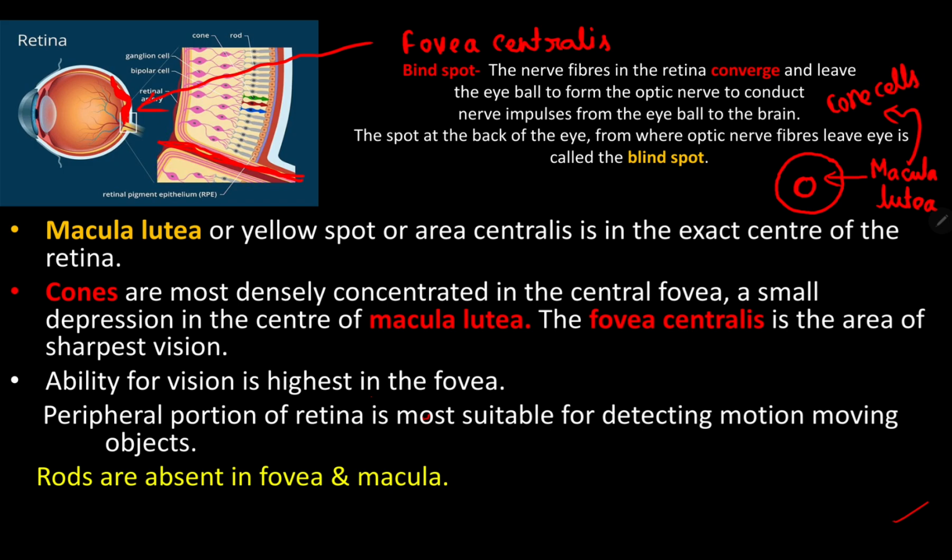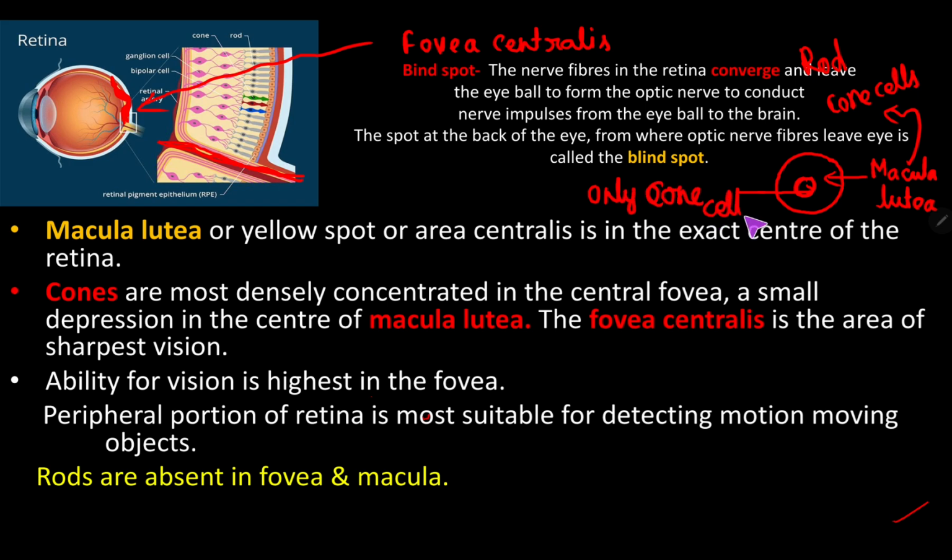We will see the structure of the cone cell in detail. This fovea centralis is rich in cone cells. It doesn't mean that it does not have rod cells. It has rod cells also, and cone cells also. But in the center where the fovea centralis is present, only cone cells are present.